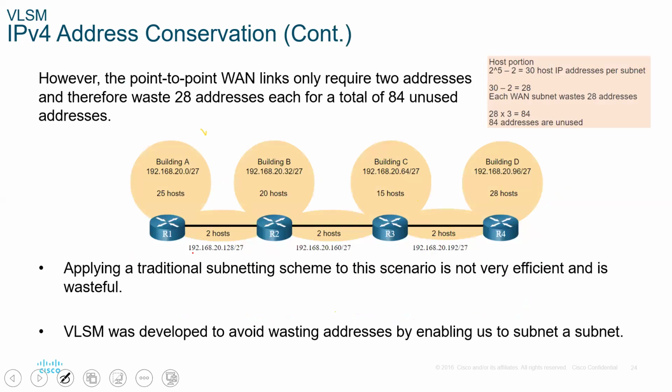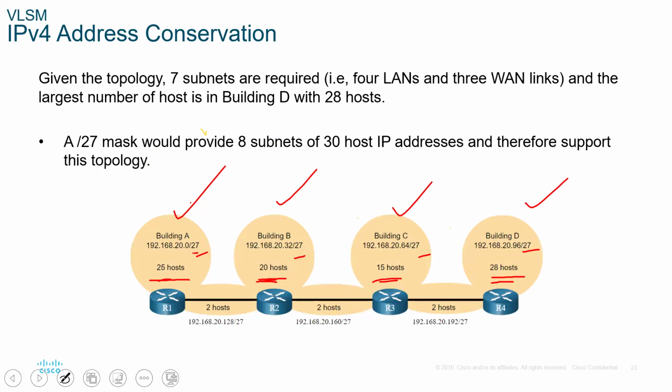network. However, the point-to-point network only requires 2 addresses. And therefore, you are wasting 28 addresses for each of the total 84 addresses used. Why are we saying so? From what you see here, /27 gives us 28 IP addresses, right?